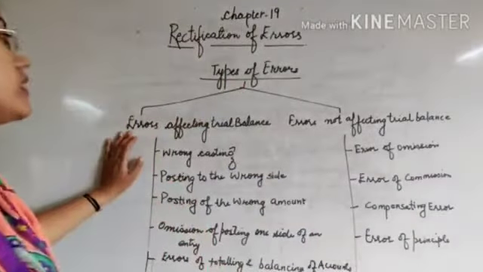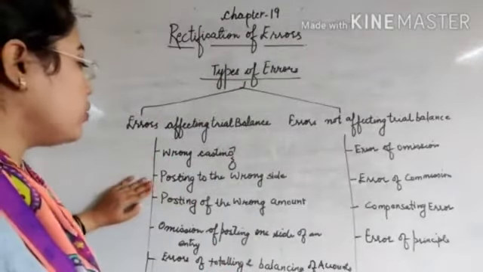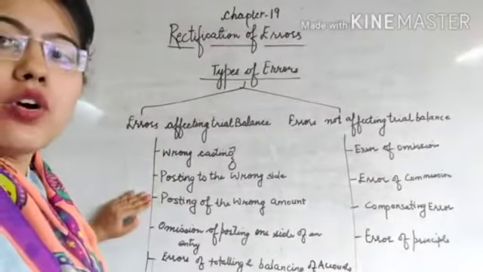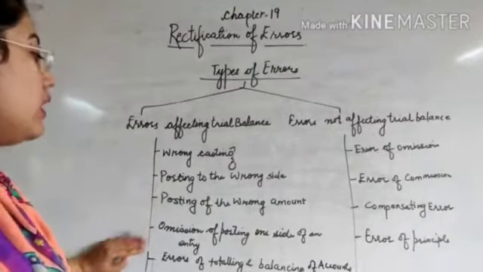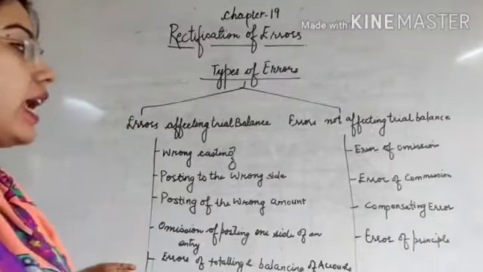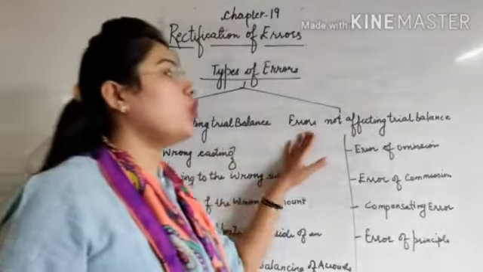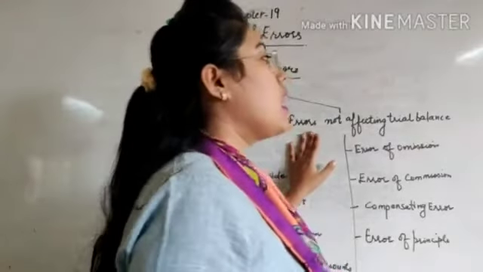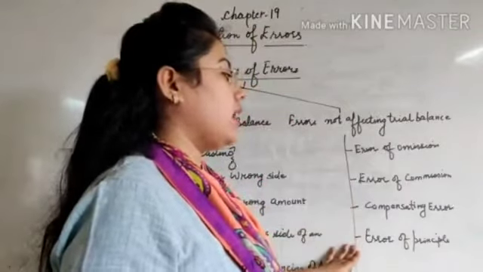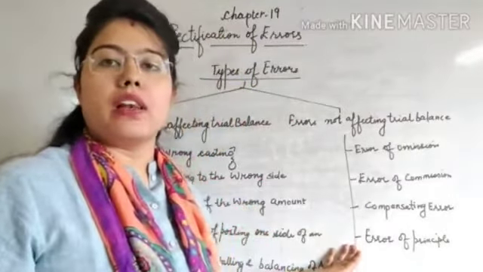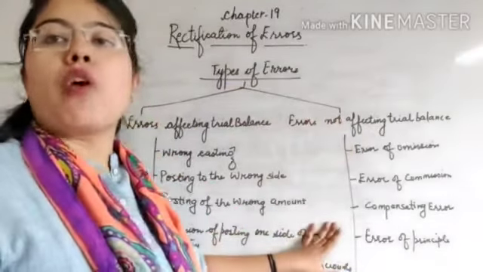Errors which affect the trial balance are wrong casting, posting to the wrong side, posting of wrong amount, omission of posting one side of an entry, and errors of totaling and balancing of accounts. Now, errors which do not affect the trial balance: error of omission, error of commission, compensating error and error of principle. Now, we shall discuss these errors one by one.